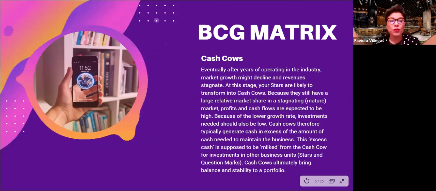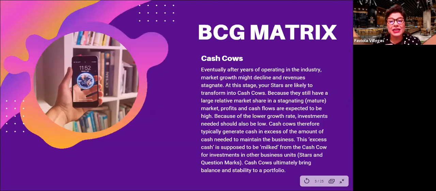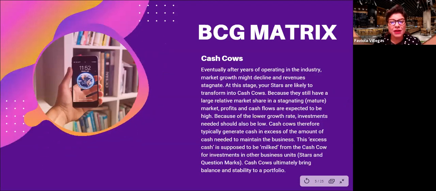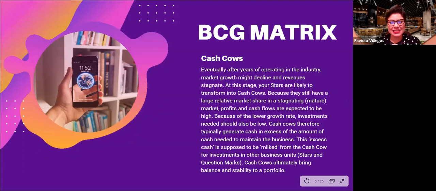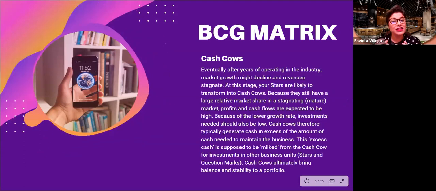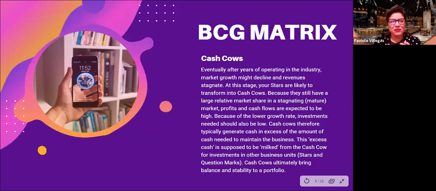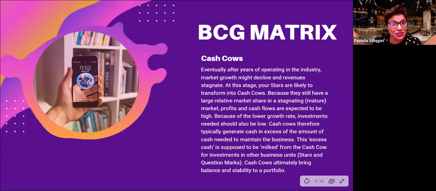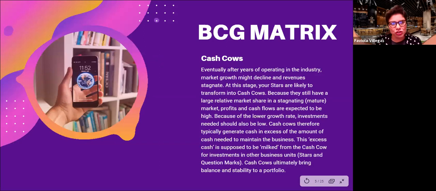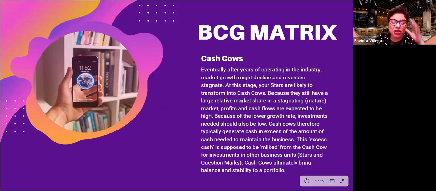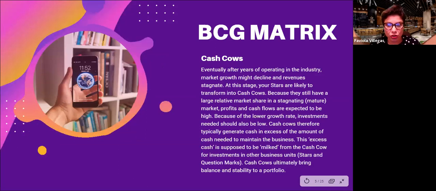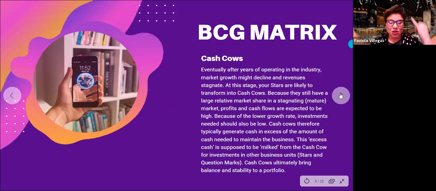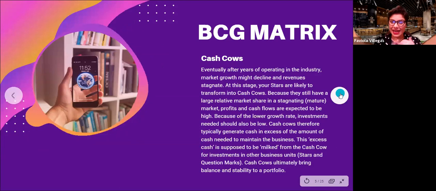Cash cows typically generate cash in excess of the amount needed to maintain the business. This excess cash is supposed to be milked from the cash cow for investments in other business units, stars and question marks. Cash cows ultimately bring balance and stability to a portfolio.